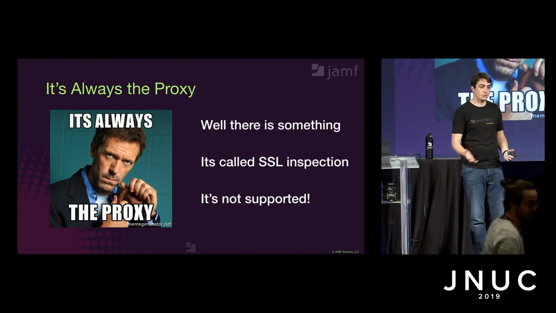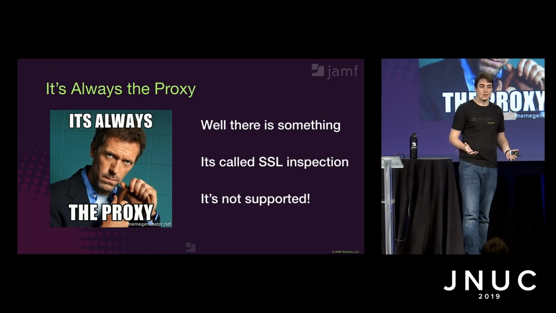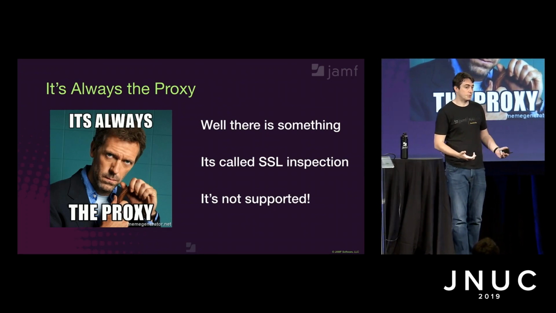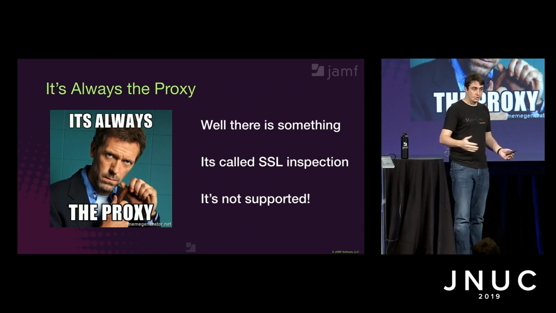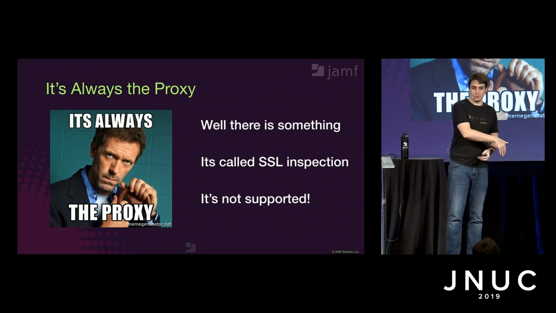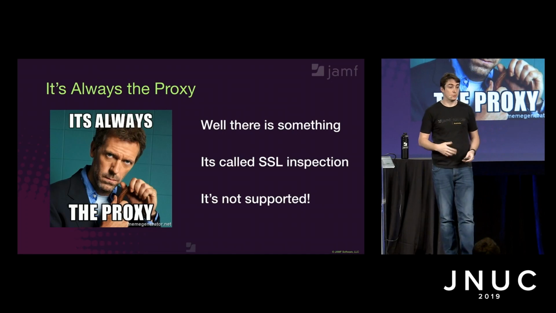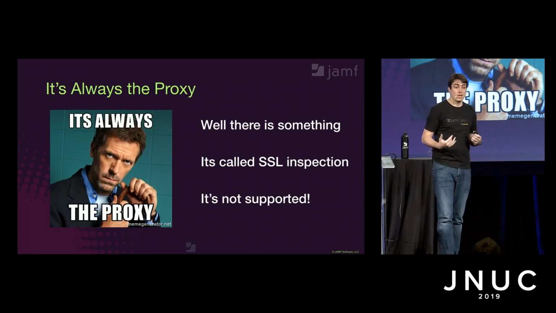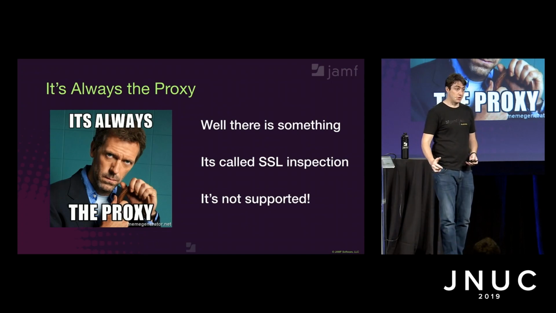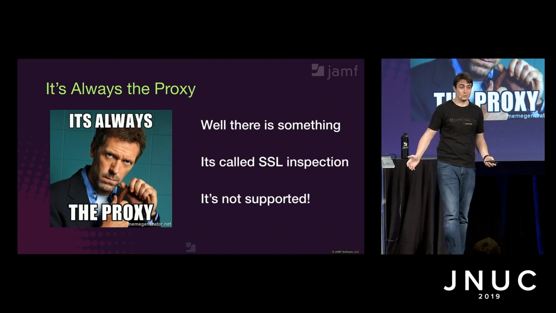But it can't seal it up with the original certificate. It doesn't have that. So it will reseal it with its own certificate and then send it on. But the destination is not going to know where that first certificate or the second certificate came from, so it's going to reject it. This is generally what we'll see happening. That is not supported. SSL inspection for Apple traffic especially is not supported. Don't do it.